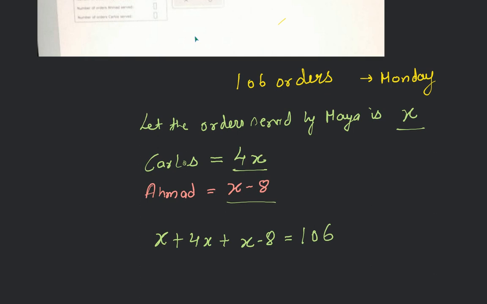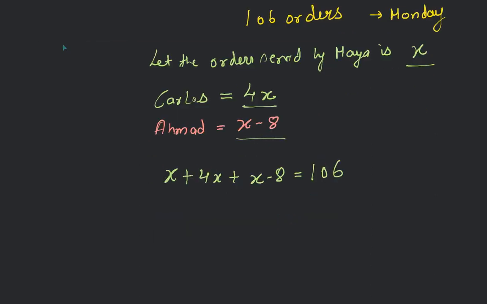Now, can you tell me how we are going to add it? We can add all the like terms. What is x plus 4x plus x? That's 12. Are you sure? It is only x plus 4x, which will be 5x, and again x will be added to 5x.